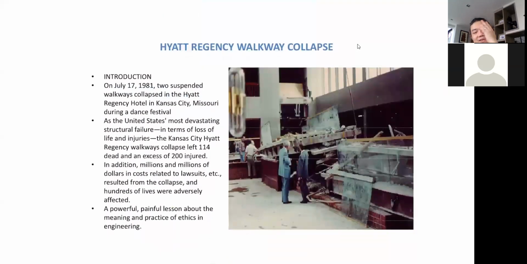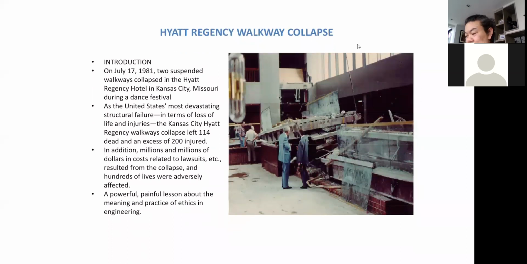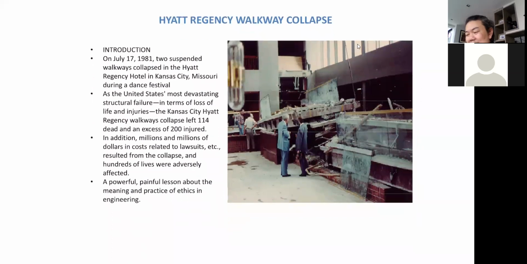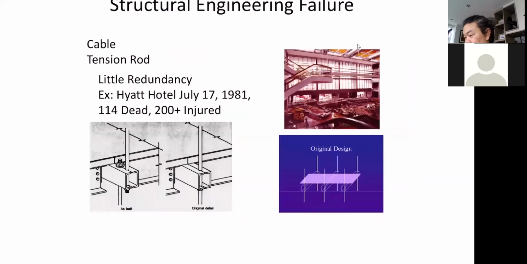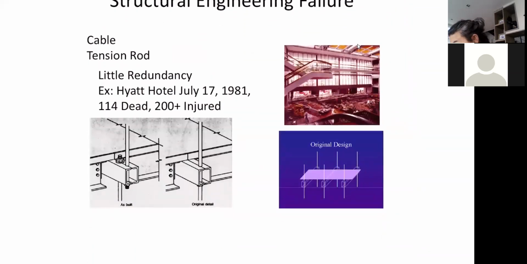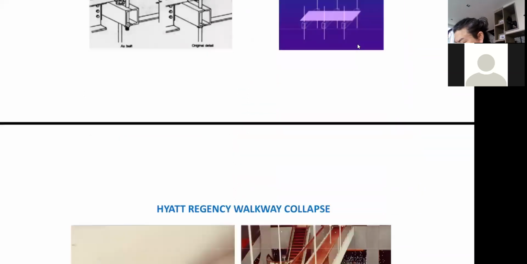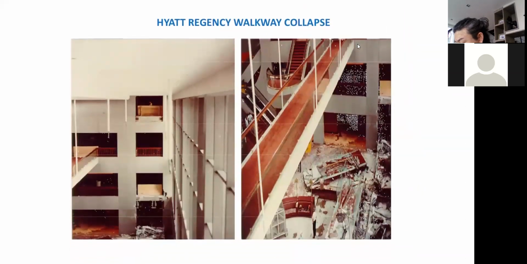And one last thing to show you, because Jessica and I were in pretty much the same era. This is what happened in the US of A, the collapse of the walkway that is supported by the rod. The walkway used to be in the middle here. This is after the collapse, but it looks like this, supported by the tension rod like that.